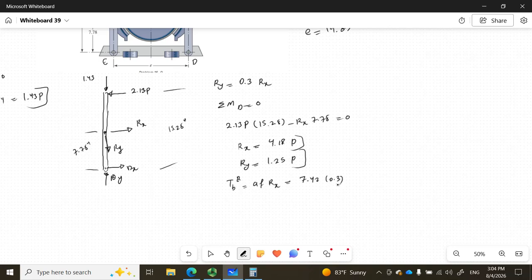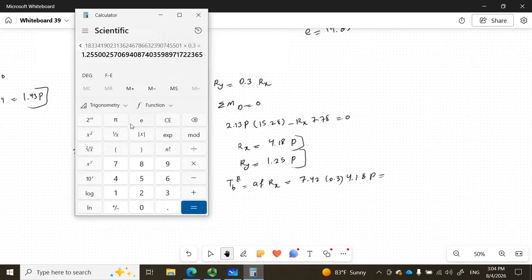Coefficient of friction 0.3, Rx is 4.18. So see guys, we have the braking torque on the right side: 7.42 times 0.3 times 4.18. There you go, 9.3 times P.